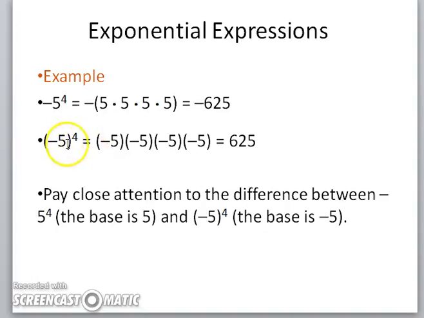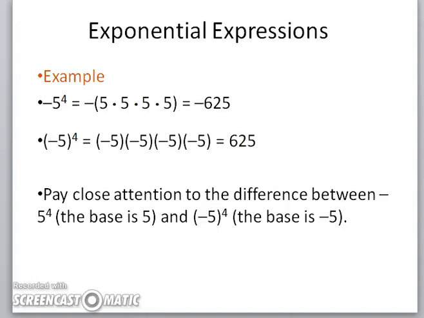So we no longer leave the negative in front, but instead we multiply -5 together 4 times. We can do that with our calculator, but remember, when we multiply two negatives, we get a positive. So multiplying this out, we end up with a positive 625 as our final answer.